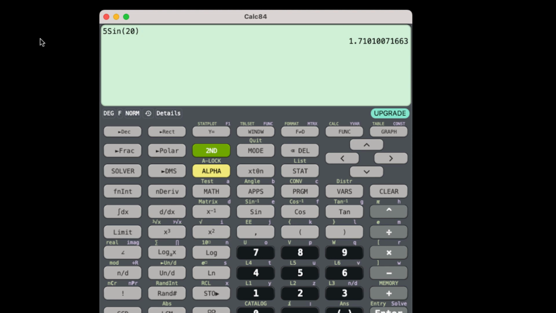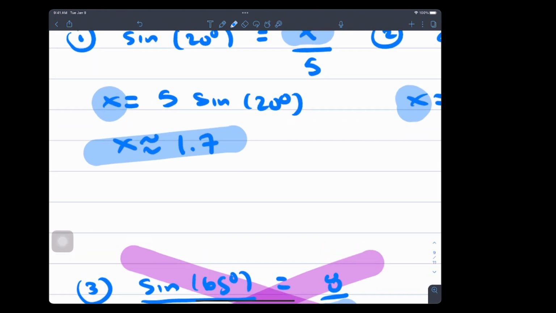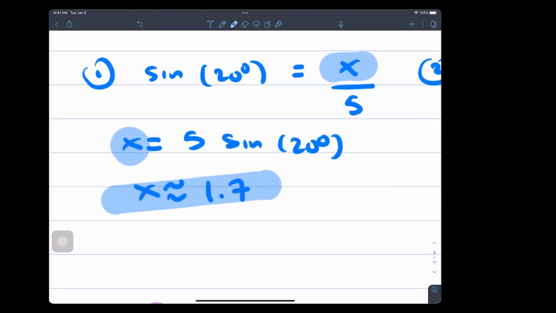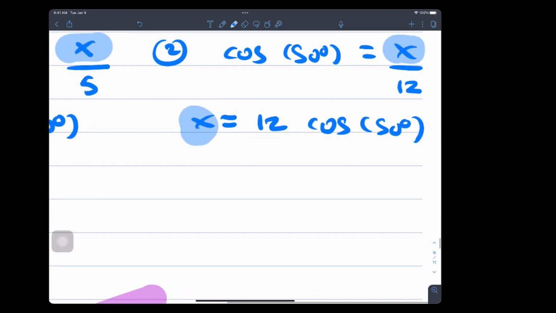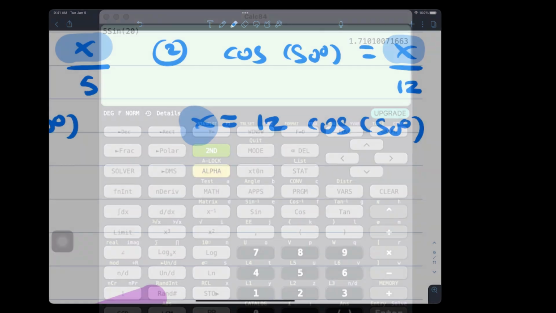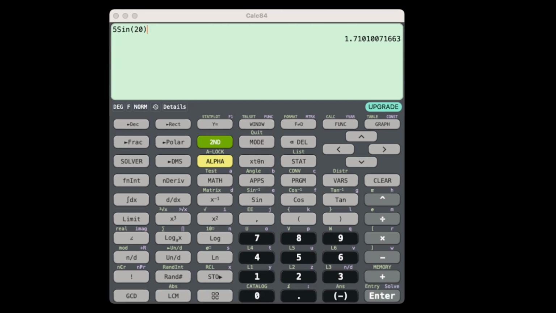Okay. 1.7 we got when we use our calculator here for 5 sine 20 degrees. What do you think we get here when we put 12 cosine 50? Let's see. Okay. We're going to put 12 here, and I got to clear that. 12 here, cosine now of 50 degrees.